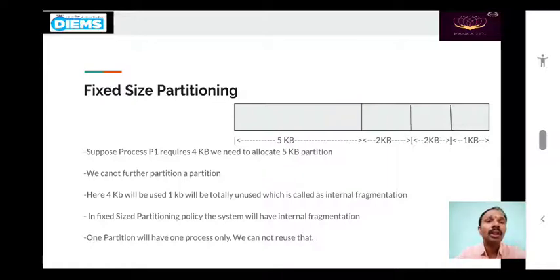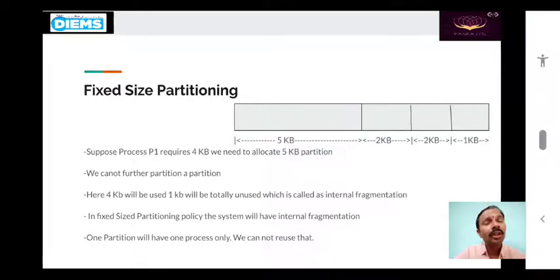Now let us say the process P1 requires 4 KB, right? 4 KB of data is needed by the process. So from the memory system we will allocate the 5 KB partition for that particular process.